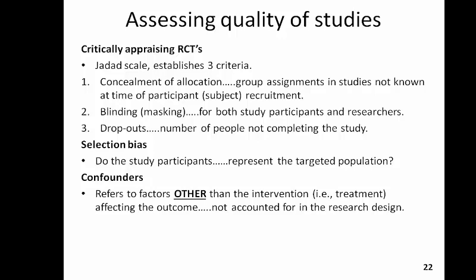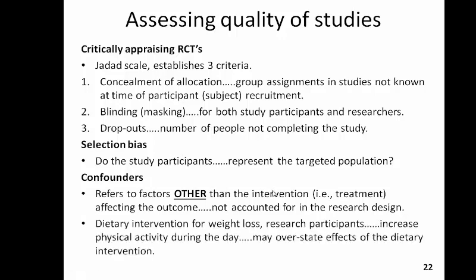But were there other elements that could have affected the outcome of the study? Those confounders will be controlled through the design of the experiment, and those are things that are not accounted for in the research design.